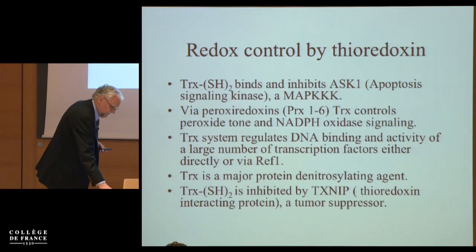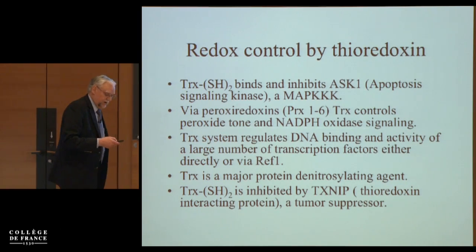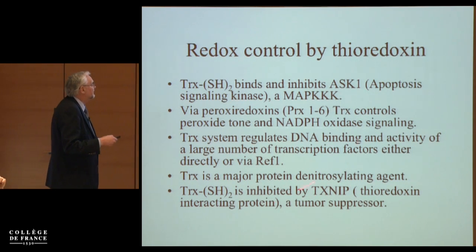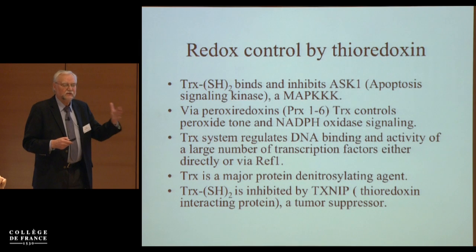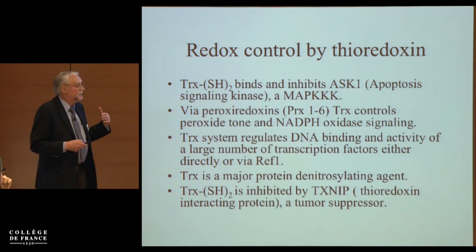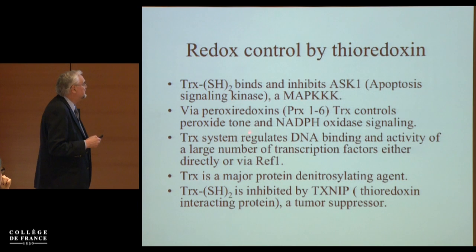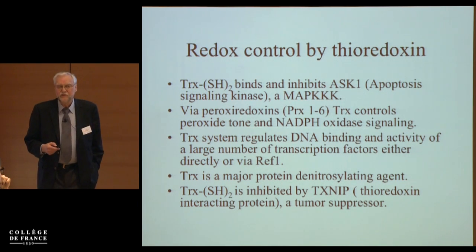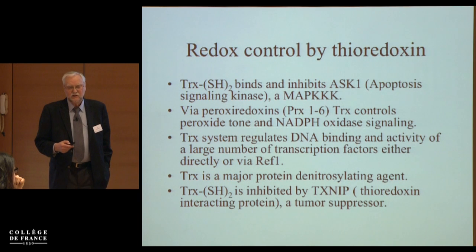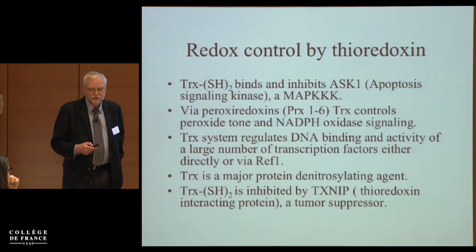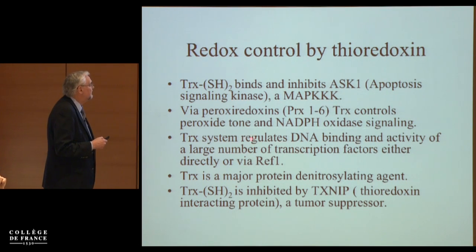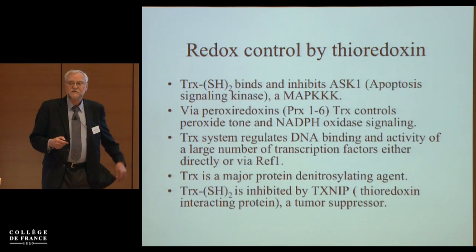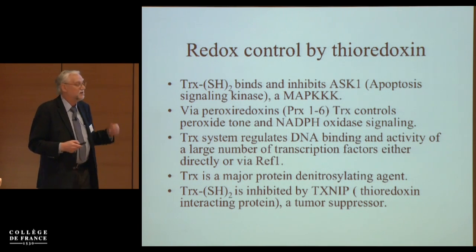So a very brief summary of redox control by thioredoxin, and this is mammalian cells particularly, controlling apoptosis, in this case by binding to a kinase, which can initiate apoptosis. Peroxiredoxins are very abundant cytosol-containing, cysteine-containing peroxidases, which use at least five of them, thioredoxin, to reduce. And these remove hydrogen peroxide, but also lipid hydroperoxides.